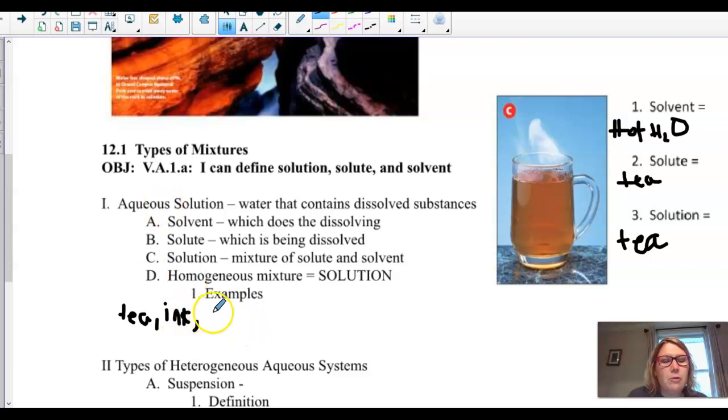So I gave you two examples of liquids there, but I also want to give you examples of things that are solids or are gases. An example of a gas would be, if you know somebody who scuba dives, gas in compressed tanks.